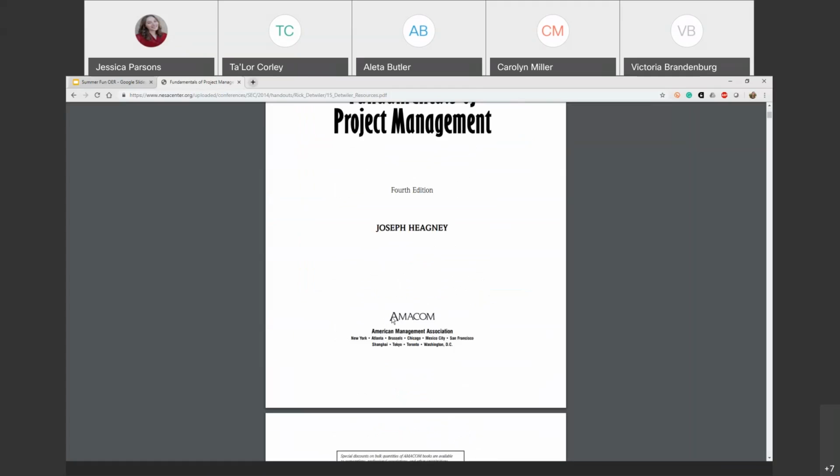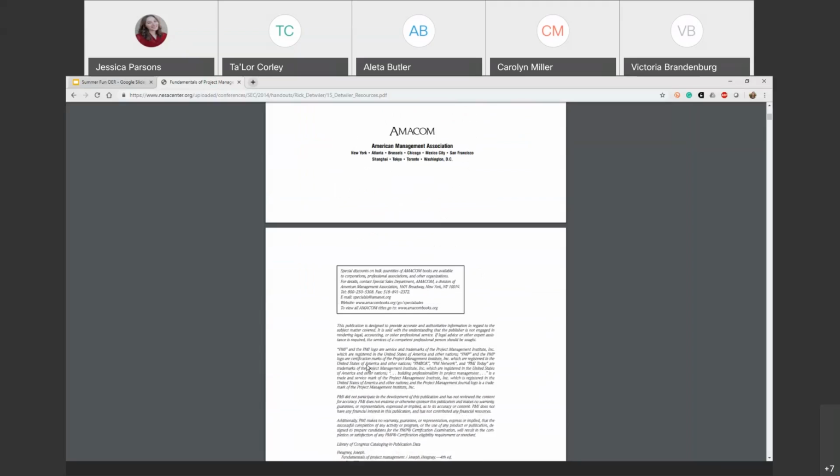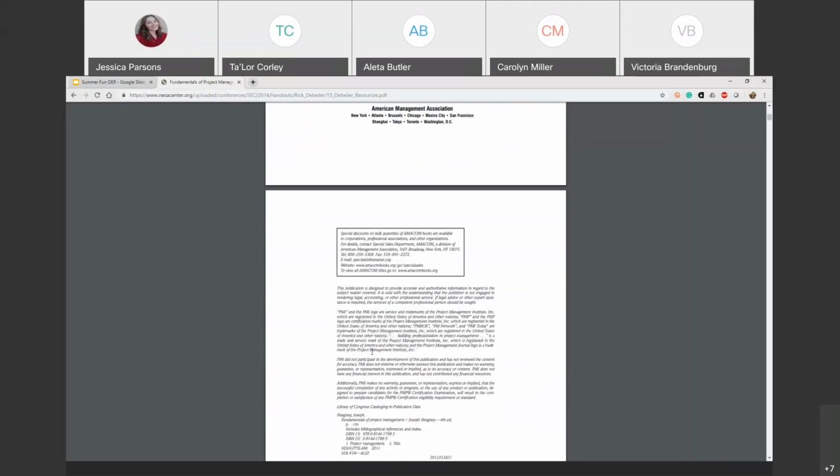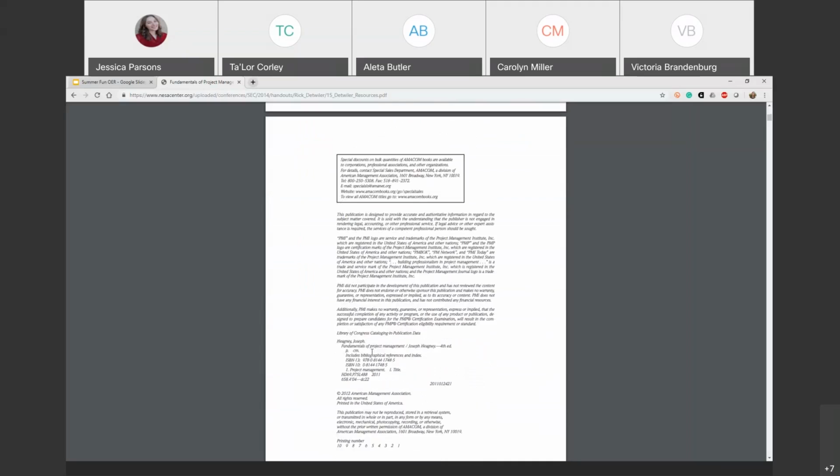It looks like this was published by a publishing company. That's not necessarily bad. Lots of publishing companies are actually moving to give Creative Commons licenses, OpenStax being a great resource for textbooks. And here we can see that this is copyrighted 2012 with the American Management Association.